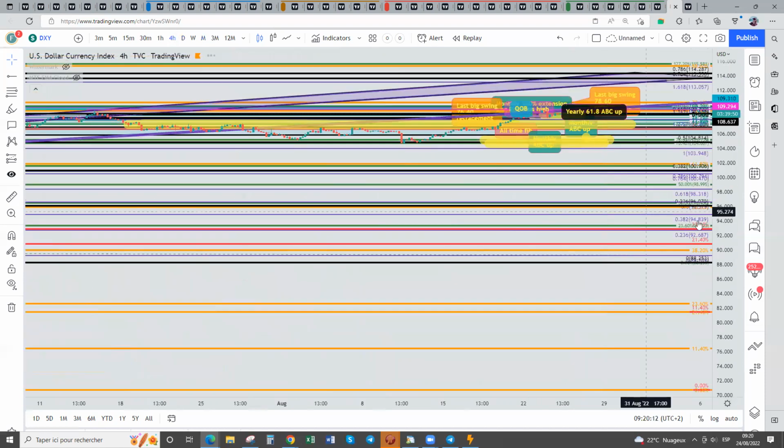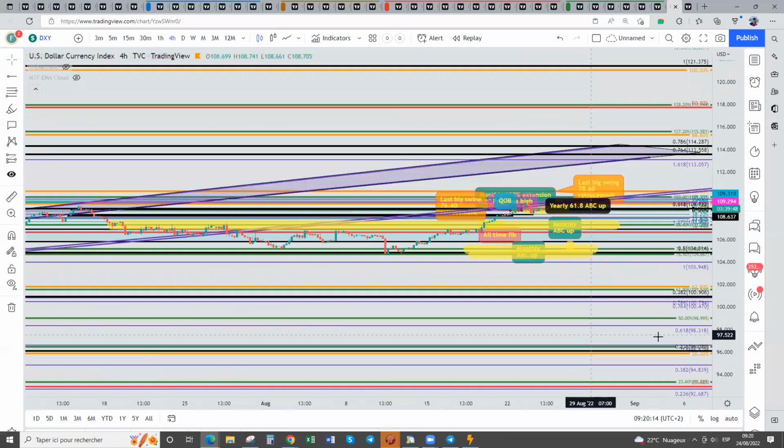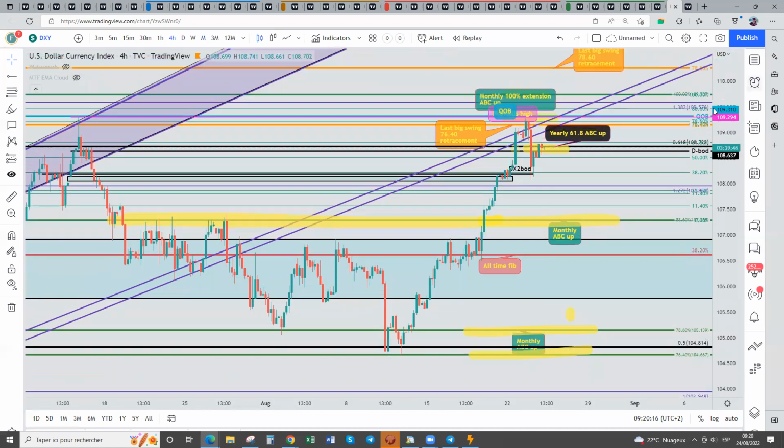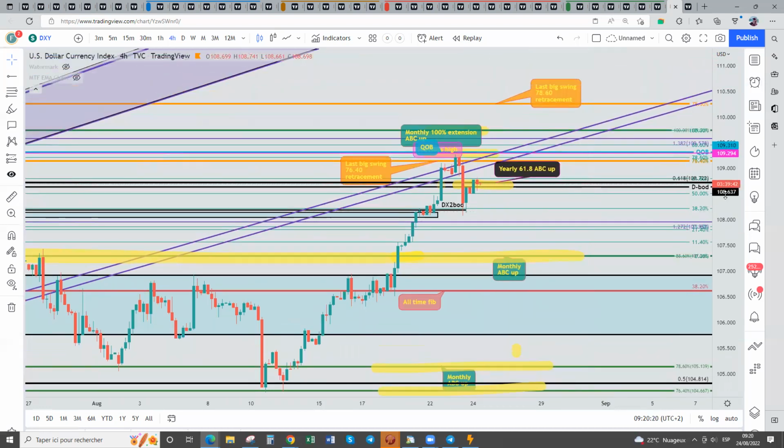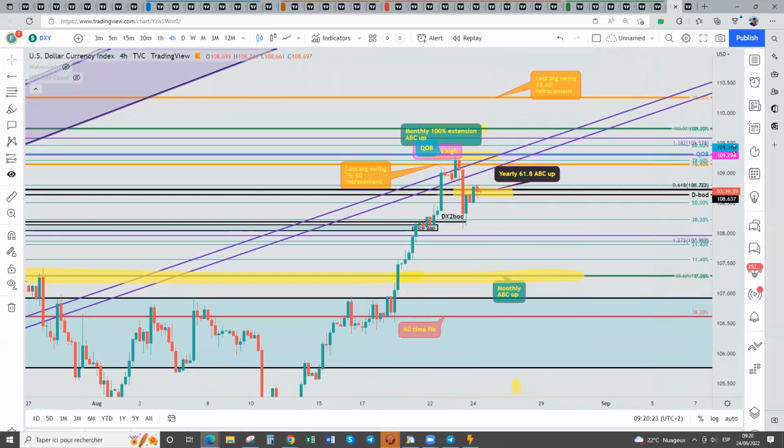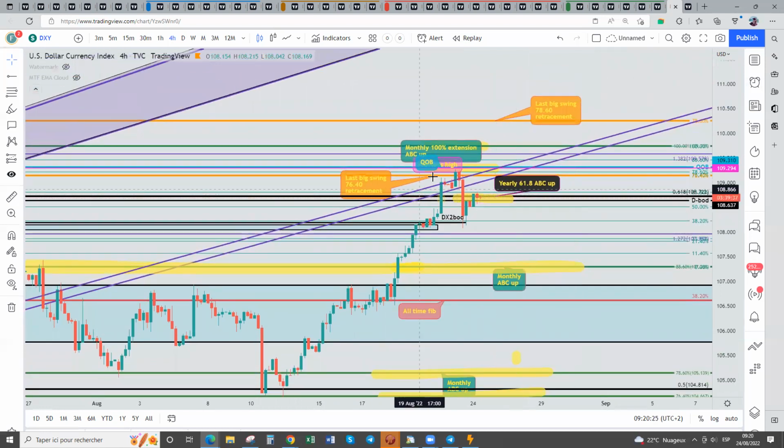Just keep that in mind. We are in a good place to post the high for the long term, but this may not be the one. We could still see higher on a push.